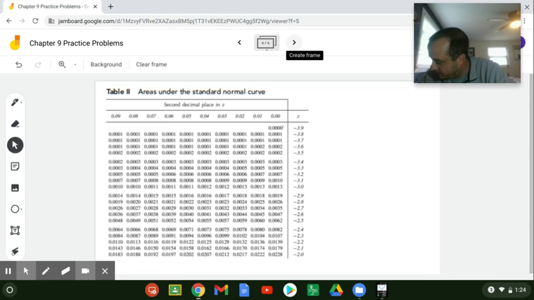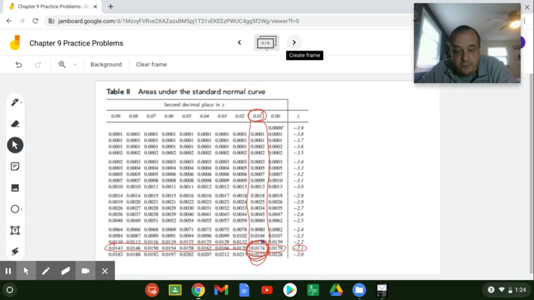So I'm going down here to negative 2.1, this row right here. And then I'm going up here to its ending point, 0.01, because it's negative 2.11, meaning this is the row right there. And clearly right here is where they intersect. So the p-value we got for this prompt is 0.0174.